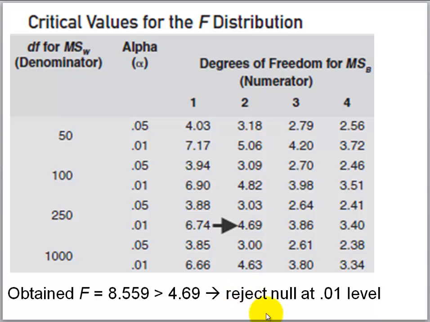So when we reject the null in ANOVA, we conclude that all population means are not equal. We don't draw a conclusion about which particular pairs of means might differ significantly. Multiple comparisons discussed in the next video get at this topic.